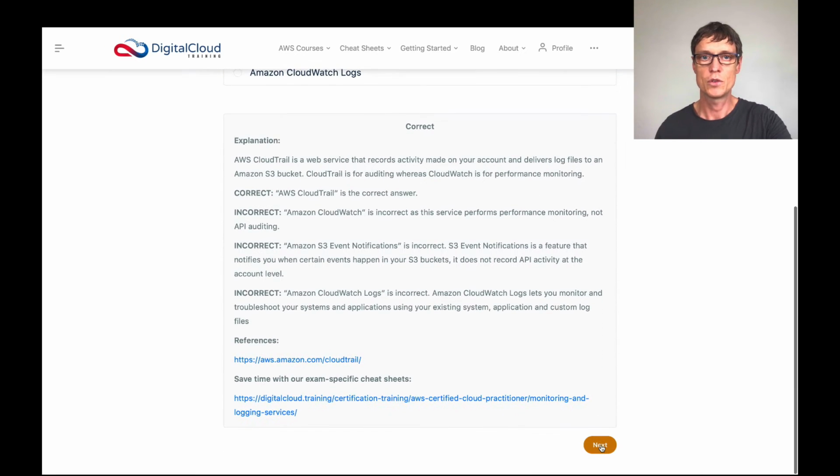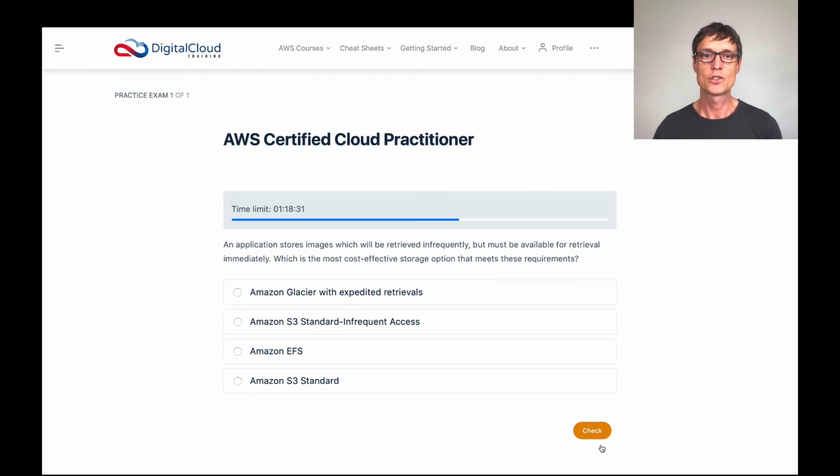Let's move on to the next question. An application stores images which will be retrieved infrequently but must be available for retrieval immediately. What is the most cost-effective storage option that meets these requirements? The interesting thing I want to point out is that recently in the Cloud Practitioner exam, we've had more of this type of question.